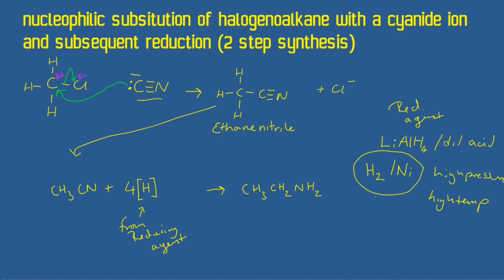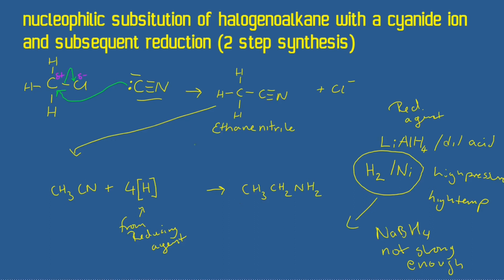I would remember this one. Sodium borohydride, sodium tetrahydridoborate, is not strong enough. So you've got to choose something different. So I'm going to choose this one. So there we go. Now we've made an amine.